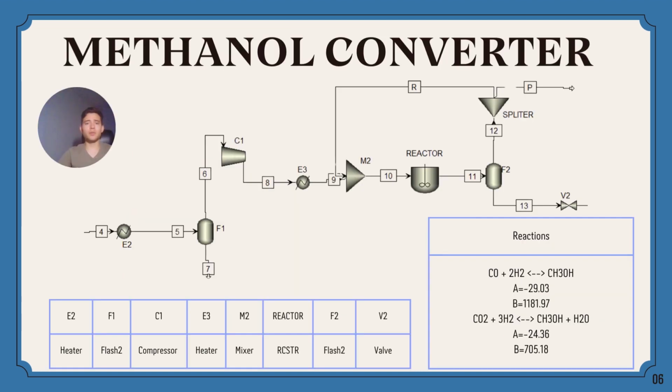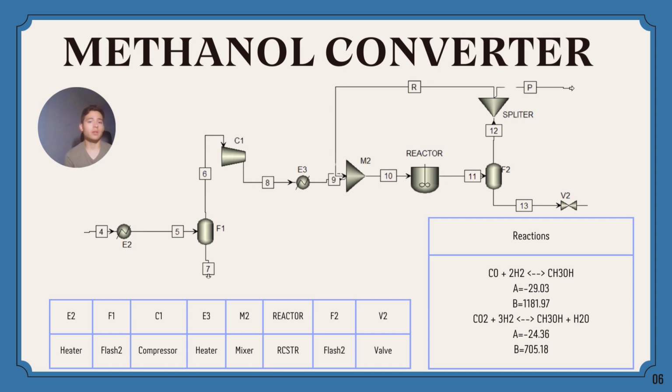In this part of the process, we have a few components. One of those is the heat exchangers, the E2 and E3. The purpose of these heat exchangers is to make the streams hotter for more efficiency in the process.